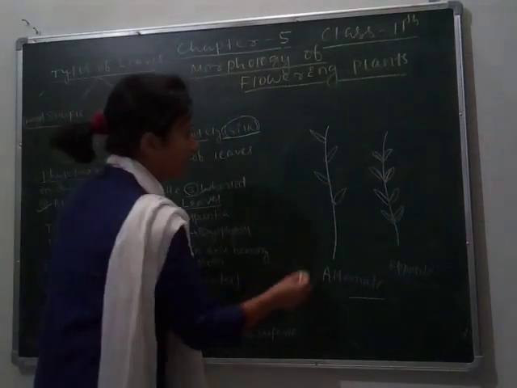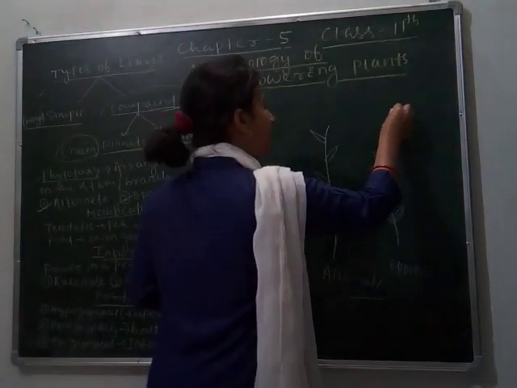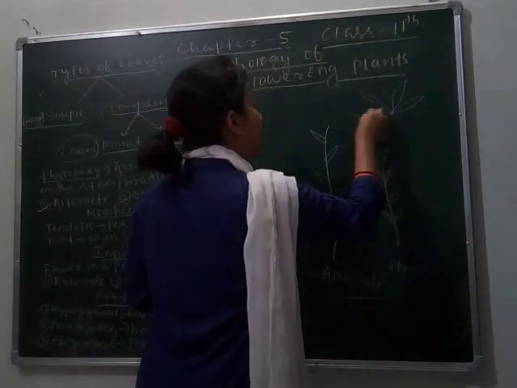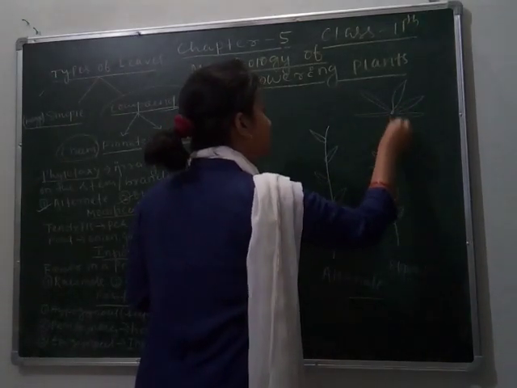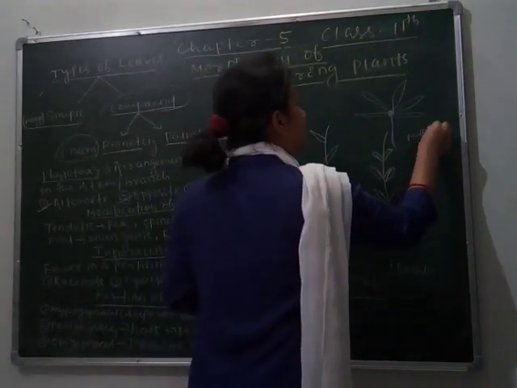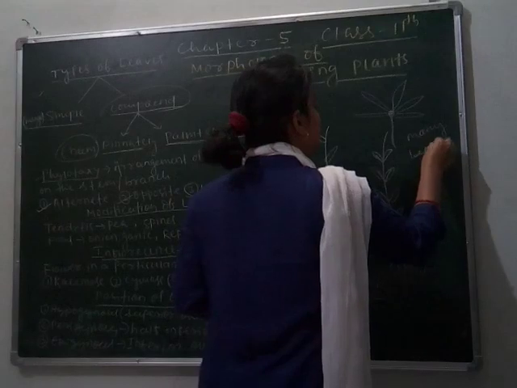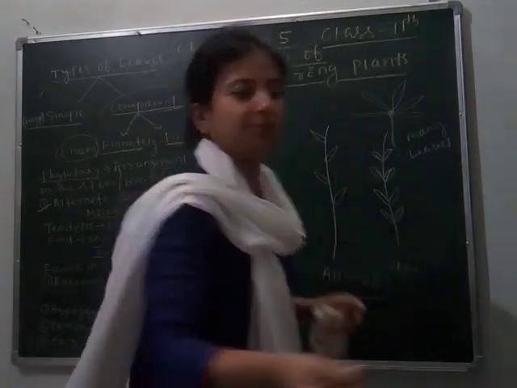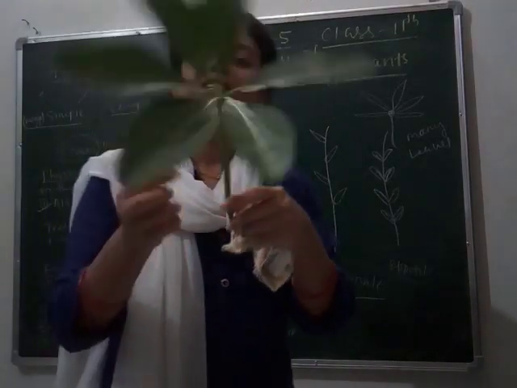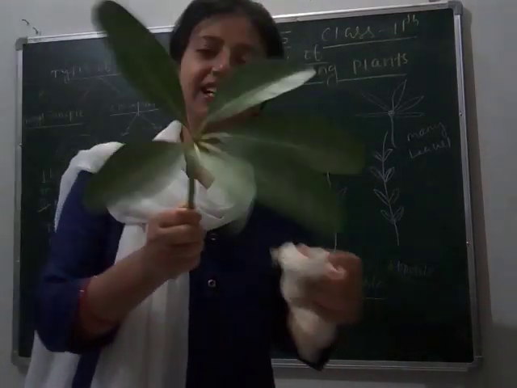Clear, students? Next is whorl. Whorl means when many leaves arise from a common point. This is the node and many leaves arise from the common point. This type of arrangement is seen in Alstonia.